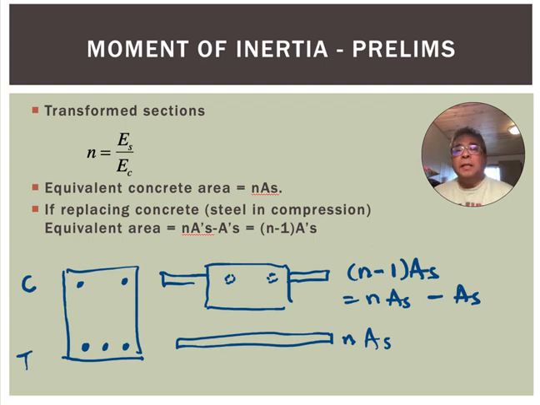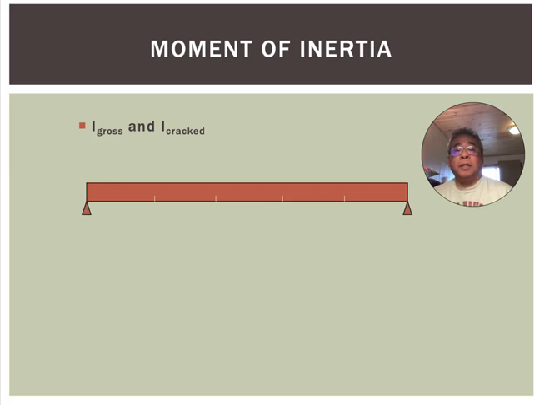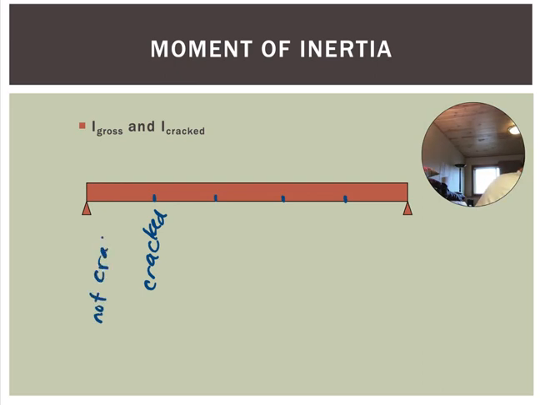Okay, so you can get this transformed cracked moment of inertia for the deflections. But the beam is cracked in this drawing in 4 spots. But it's not cracked everywhere else.